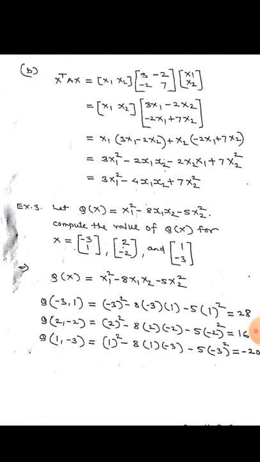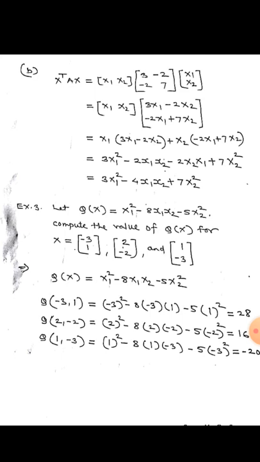So 3x1 square minus 2x1 x2, plus minus 2x2 x1, plus 7x2 square. Now rearrange: 3x1 square, and x1 x2 and x2 x1 are the same because this is a symmetric matrix. So minus 2x1 x2 minus 2x1 x2 is minus 4x1 x2, plus 7x2 square. In this way we can convert matrix form to quadratic form, and quadratic form to matrix form; we can write both ways.